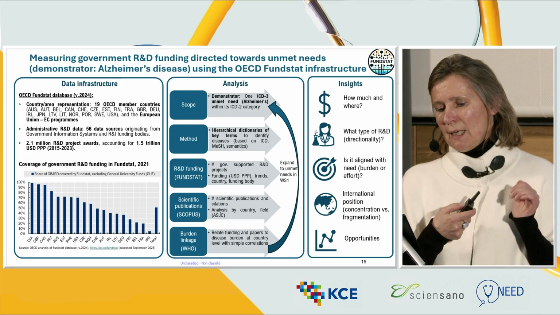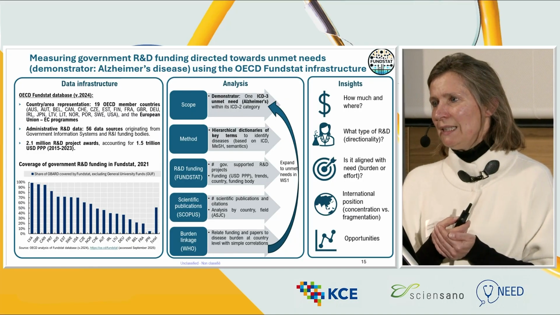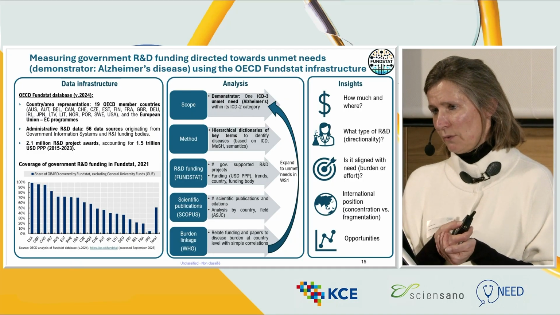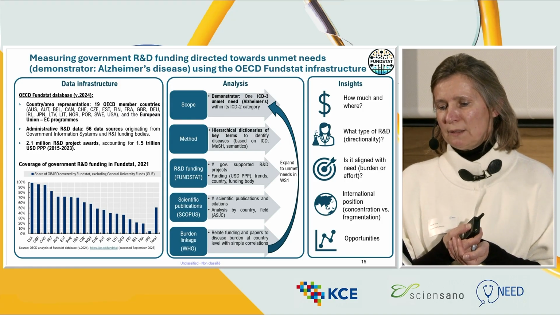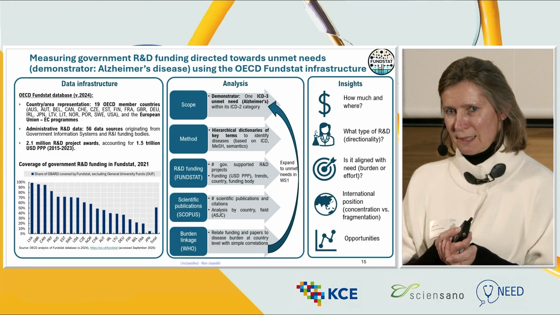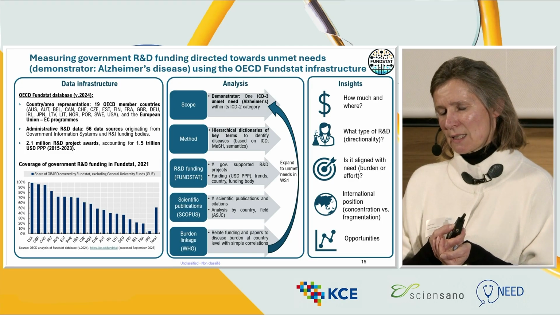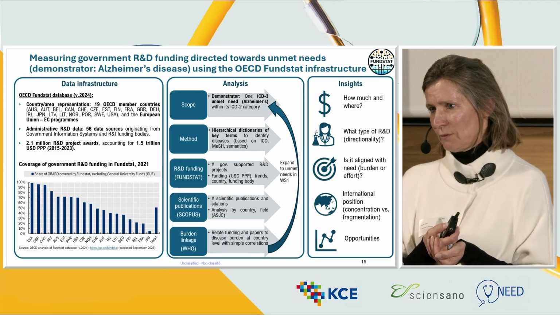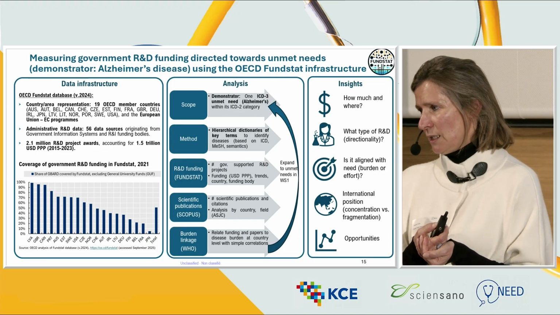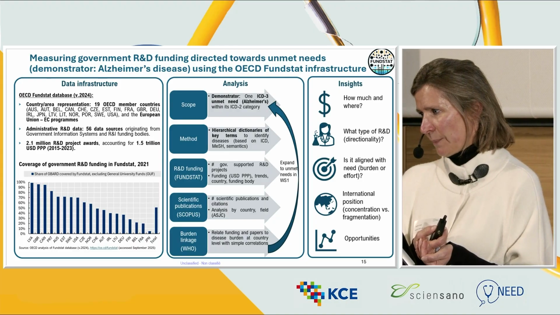Let me now describe very briefly the database we have for the public funding of R&D. We call it the OECD FundStat database, and this is a database which includes all project-level awards funded by public institutions.